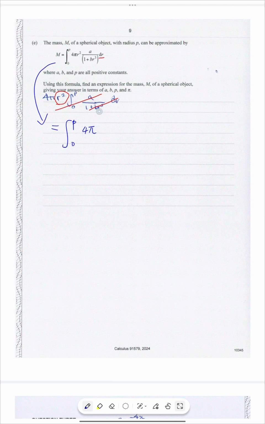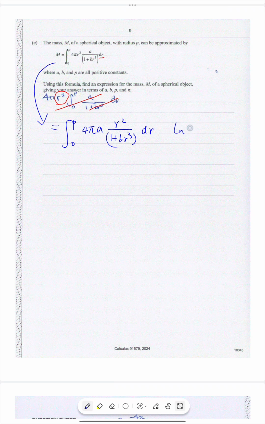Okay, so let me take A out and put r squared to the numerator. So 4 pi a is just a constant. What we really need to integrate is r squared over 1 plus b r cubed. If you are given a fraction form, the first thing that we need to think about is, can we use the natural log?